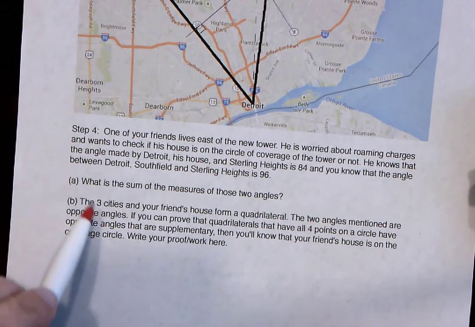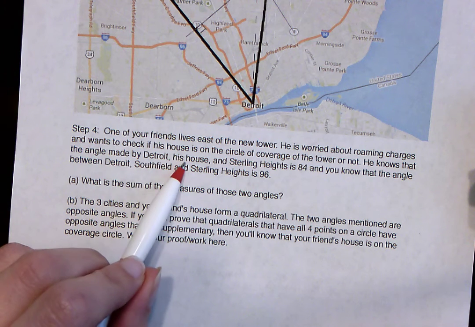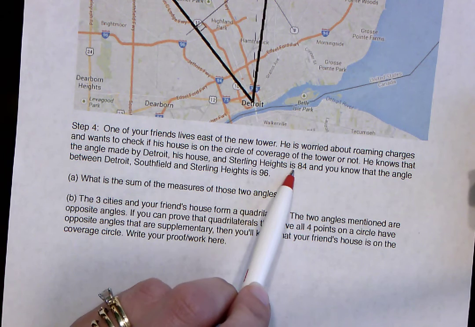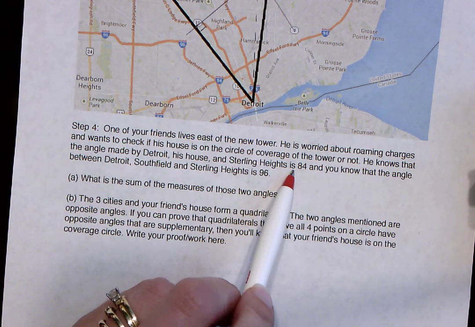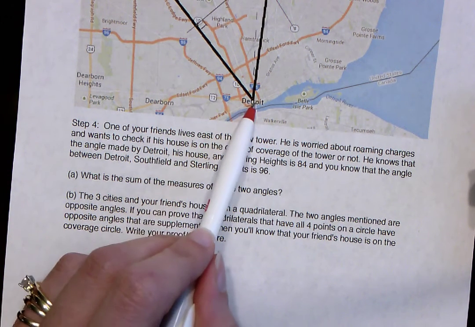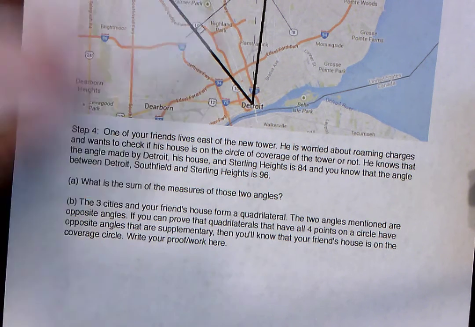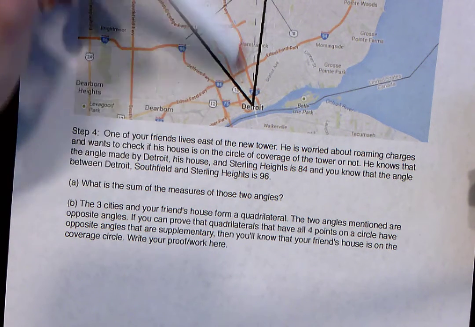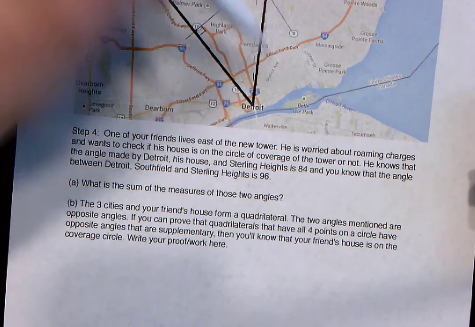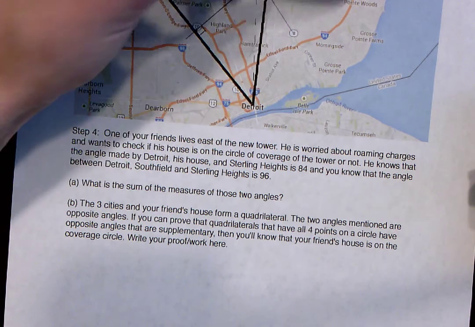So it's saying he knows the angle made by Detroit, his house, and Sterling Heights is 84 degrees. Detroit, which is here, his house, and Sterling Heights, which is up here. So he knows that the angle made by those three things, wherever his house is in here, he's maybe over here.